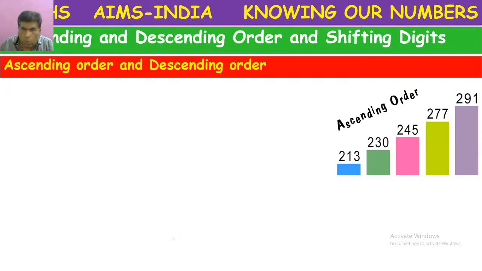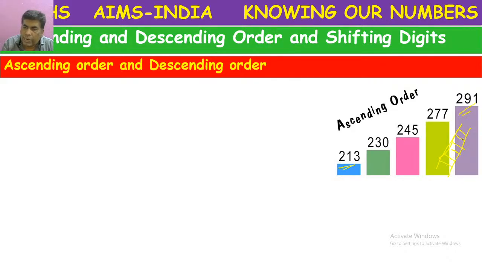Now, what is ascending order? From lowest value to highest value. Ascending means going up. Like a ladder, you know the meaning of a ladder. If you want to climb anything, we take the help of a wooden ladder or an iron ladder.